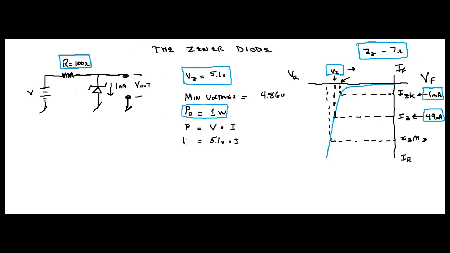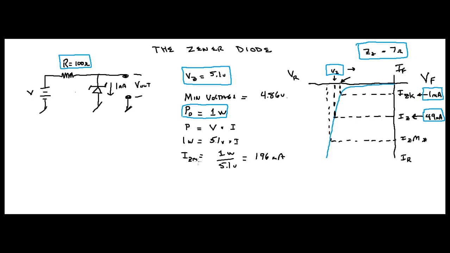So if we rearrange, basically, I is going to equal 1 watt divided by 5.1 volts, and that's going to be equal to 196 milliamps.